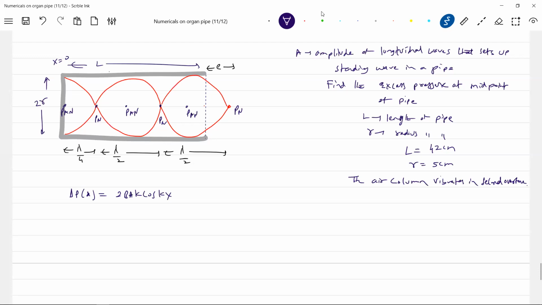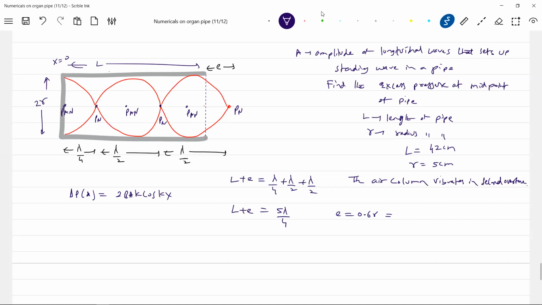Directly come to this particular thing. Then what should L plus E be? L plus E should be lambda by 4 plus lambda by 2 plus lambda by 2, that is 5 lambda by 4. L plus E. We know L, but we don't know E, no? What is E? 0.6 R. So from that, I'll get the expression for the length.